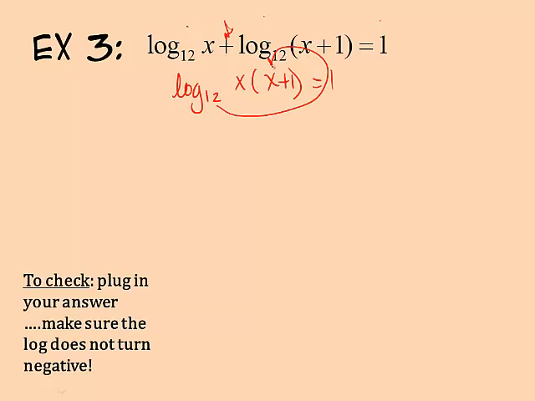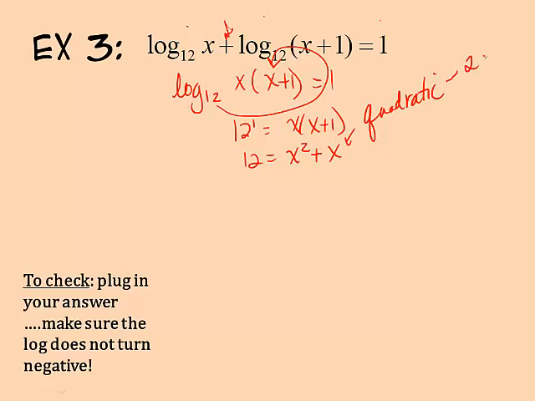And then I need to swirl it to get rid of the logarithm. So 12 to the first power equals x times x plus 1. Now, if I multiply this out, I get x squared plus x, right? So now, look, it's quadratic, which means two solutions. Okay, quadratics have two solutions, but I need to still solve it.